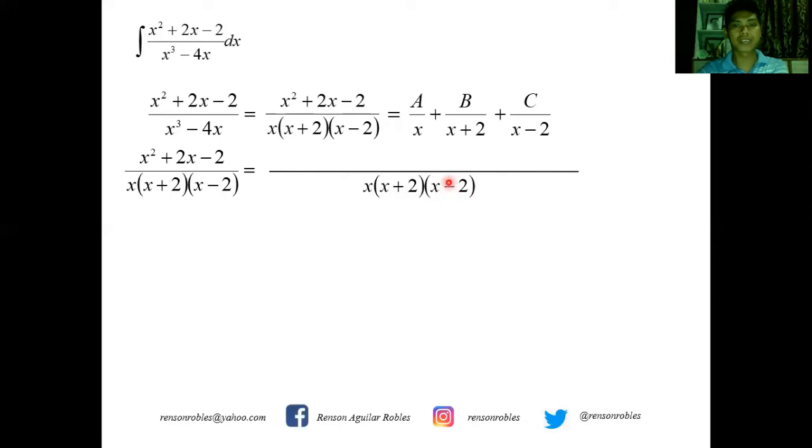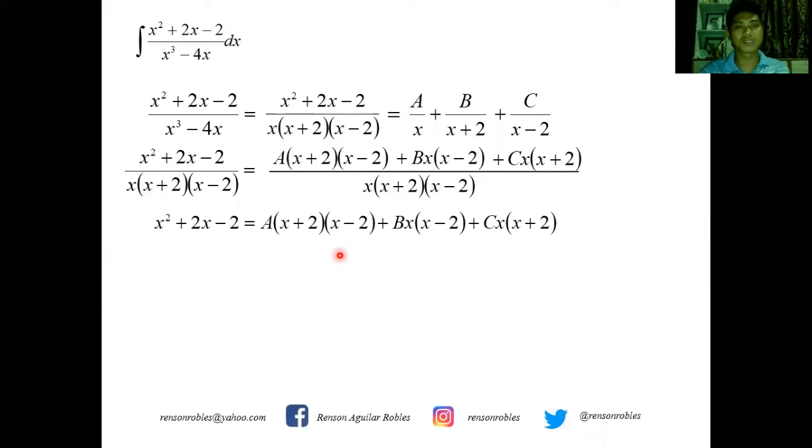So we have the LCD divided by x times A, plus the LCD divided by (x plus 2), the remaining term would be x times (x minus 2) times B, plus the LCD divided by (x minus 2), the remaining term would be x times (x plus 2), so we have C times x times (x plus 2). And what we notice is that the denominators are equal, so we can now drop them, and that leads us to this equation.